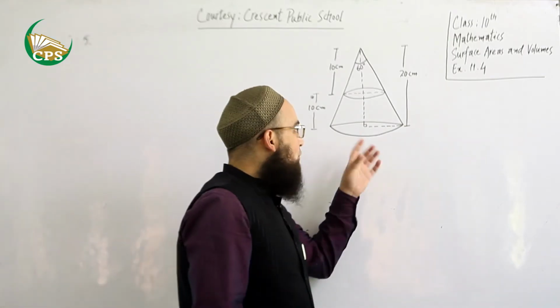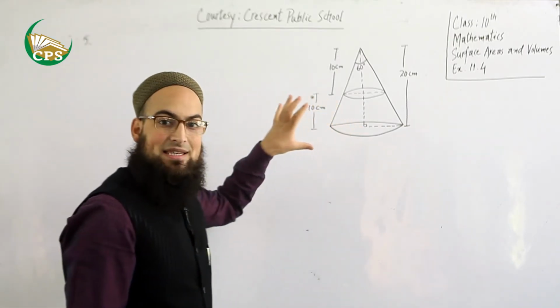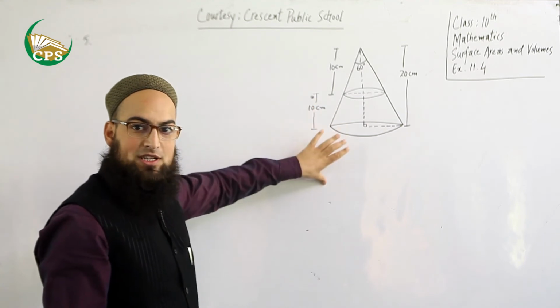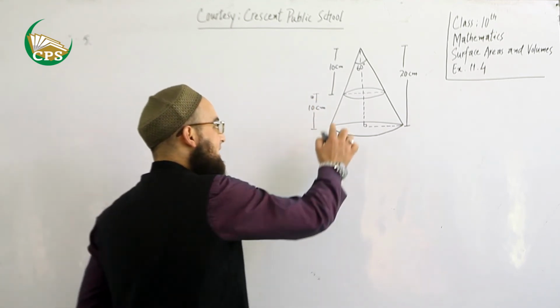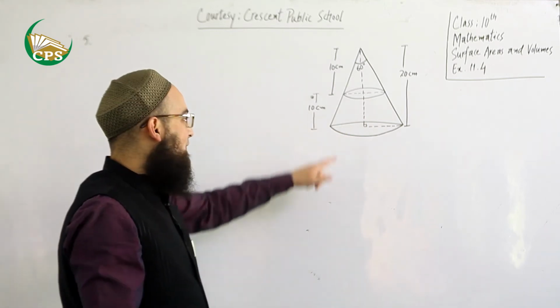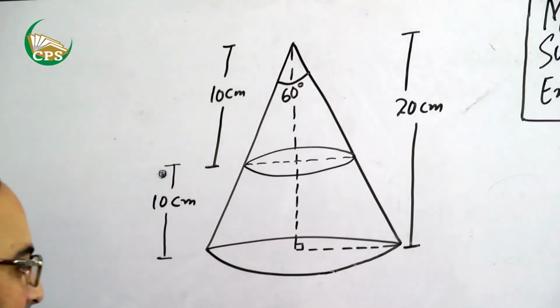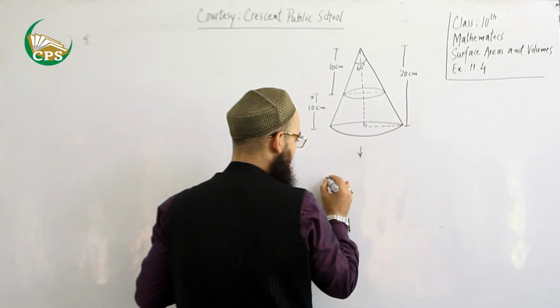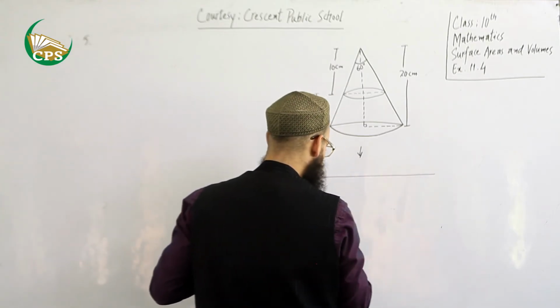Now, the frustum so obtained is a metal, and you know metal has a property of ductility, that means this frustum can be drawn into a wire.